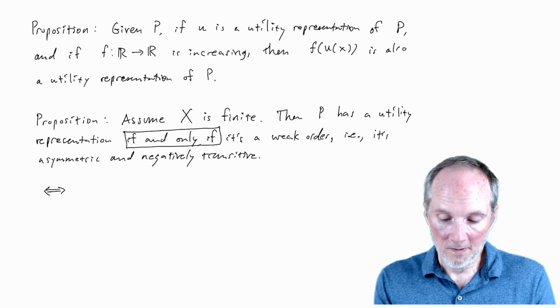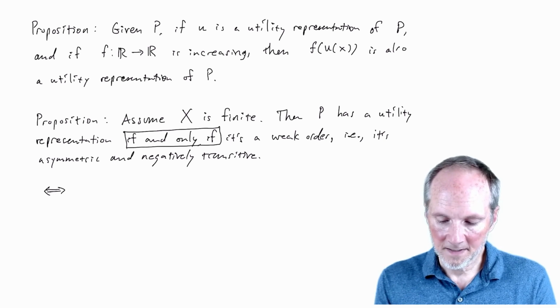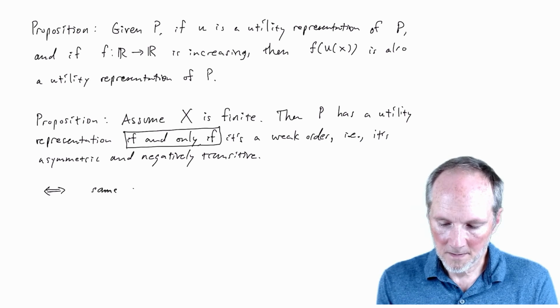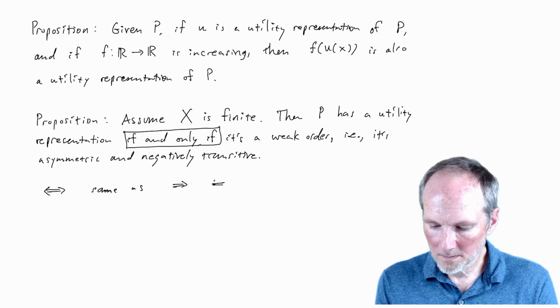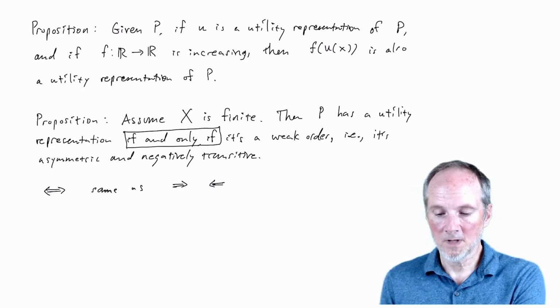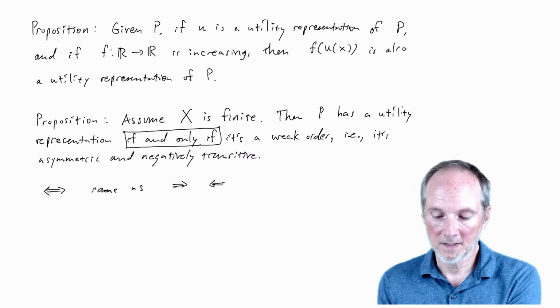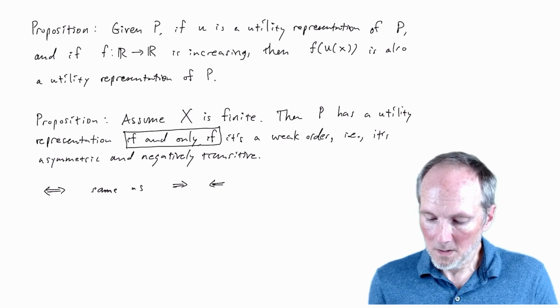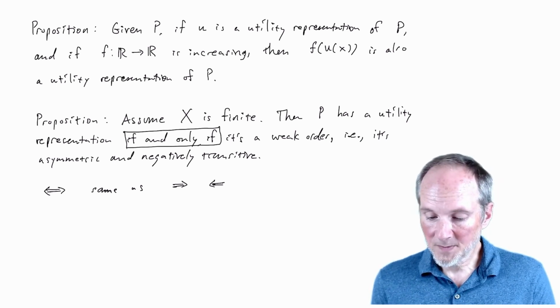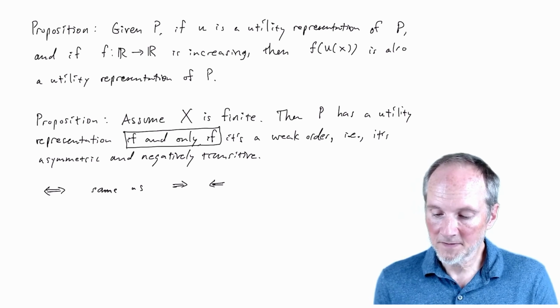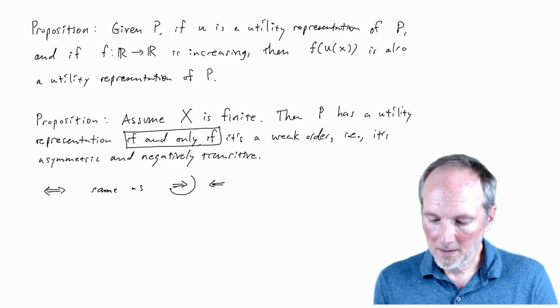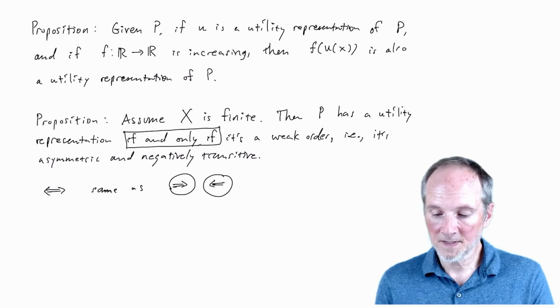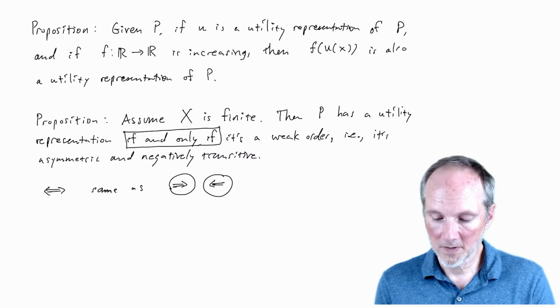Another way of thinking about this is that it's the same as two logical conditionals pointing in different directions, okay? So sometimes the way to prove an if and only if statement is to prove these logical conditional statements in both directions, okay?